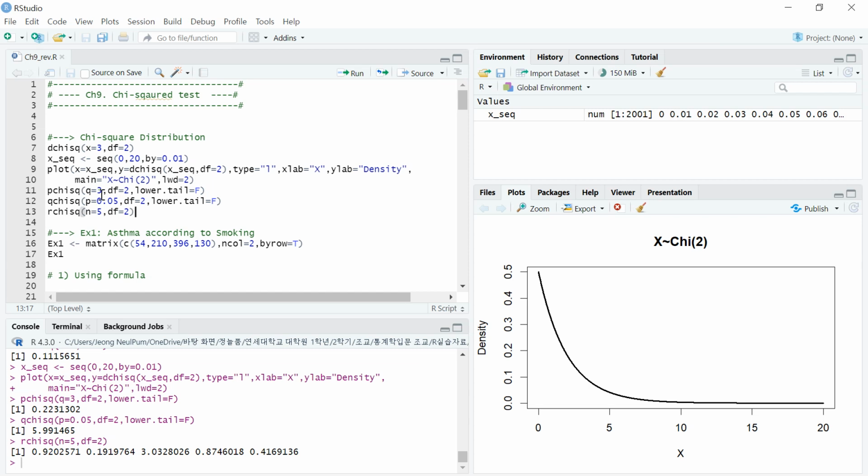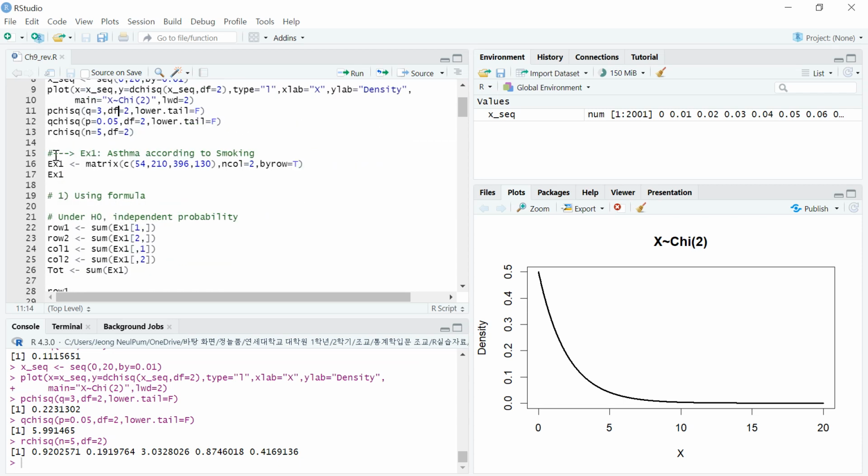And the chi-square distribution only takes one hyperparameter, the degrees of freedom. Then let's go to example number 1.